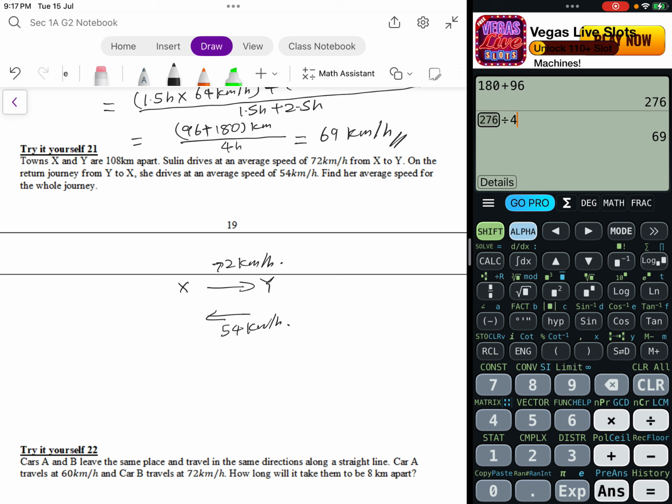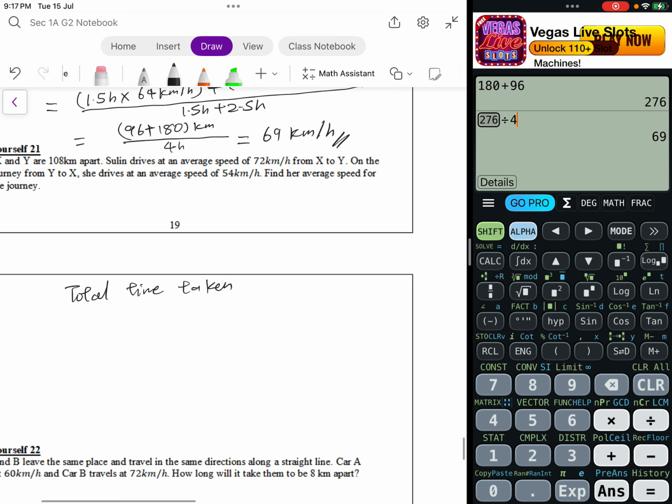Okay, now this one is going to be hard to do in one setting because you need to find the total time first. Okay, so I'm going to erase this. So total time taken for the whole journey.